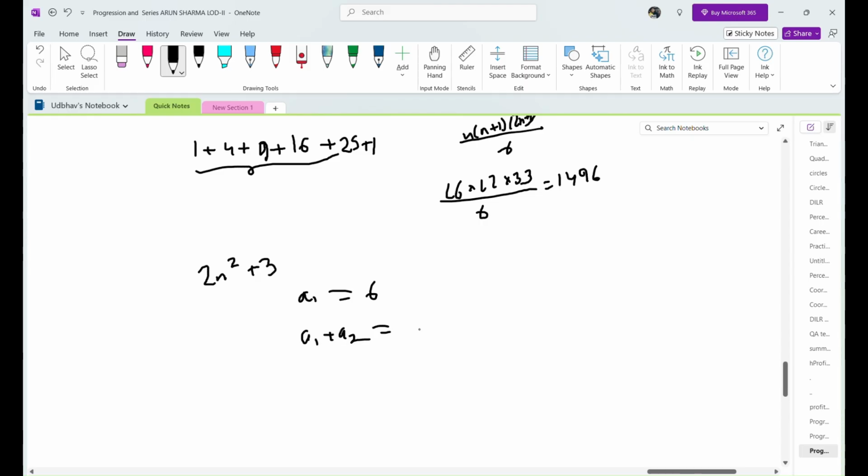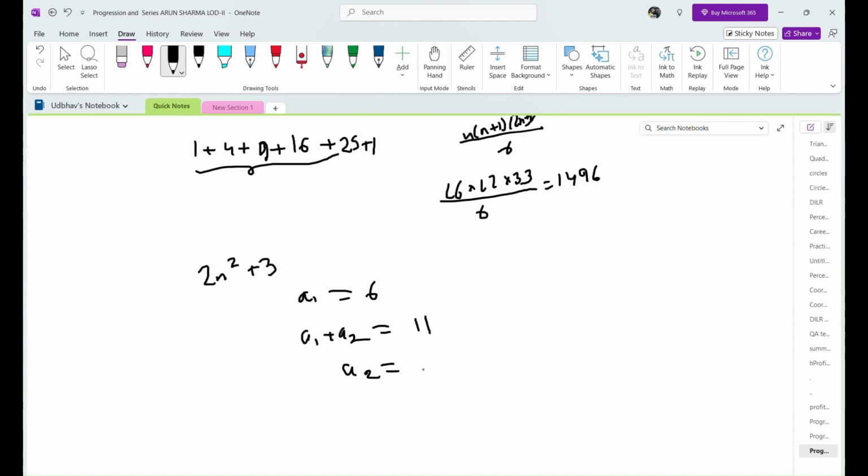What is a1 plus a2? a1 plus a2 is 2 into 4, 8. 8 plus 3 is 11.